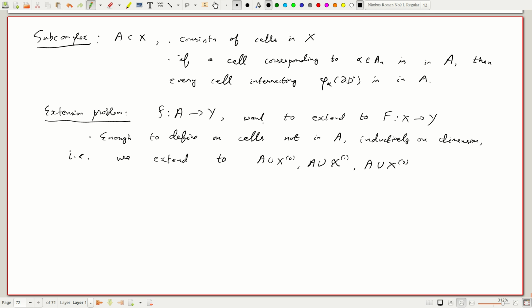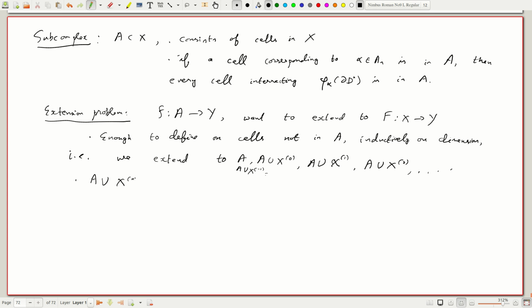And then if we have infinitely many cells, we take the direct limit. Each one is A union, so you can think of A as A union X minus 1, where X minus 1 is the empty space. Okay, so I wanted to make a uniform statement.